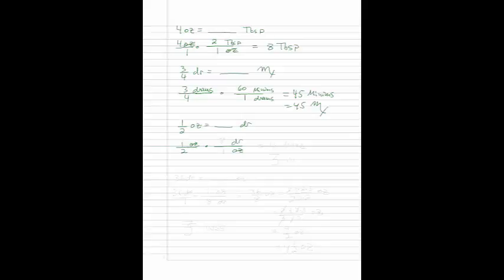There are 8 drams in 1 ounce. So we'll notice that ounces cancel, the result is drams. 1 times 8 is 8, 2 times 1 is 2, 8 divided by 2 is 4 drams, which we certainly could chart. Drams, 4.